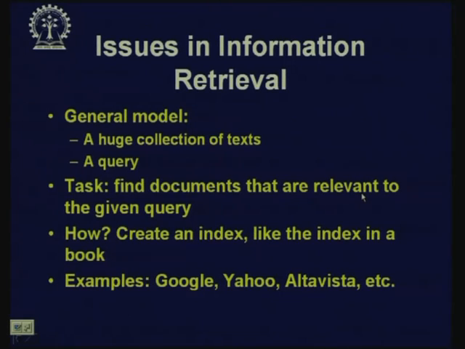For example, there are texts on cricket, and I want to find out the texts only which talk about Sachin Tendulkar. Then one measure, because my query in that case is Sachin Tendulkar.